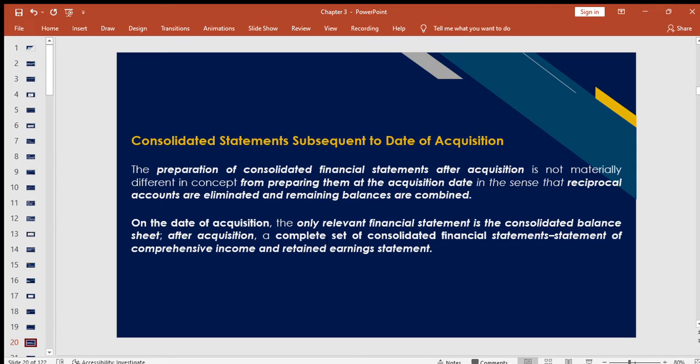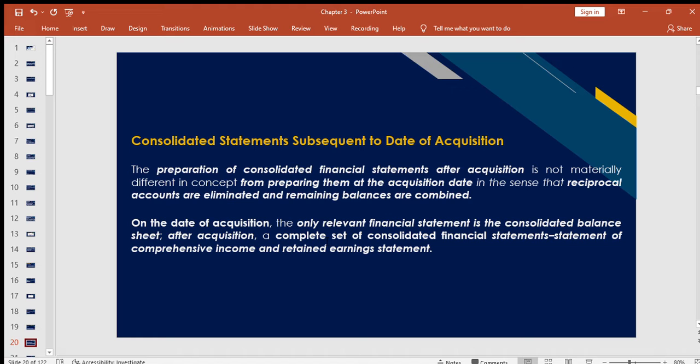Consolidated statements subsequent to the date of acquisition. The preparation of consolidated financial statements after acquisition is not materially different in concept. We follow the same steps in preparing consolidated financial statements: reciprocal accounts are eliminated and remaining balances are combined.